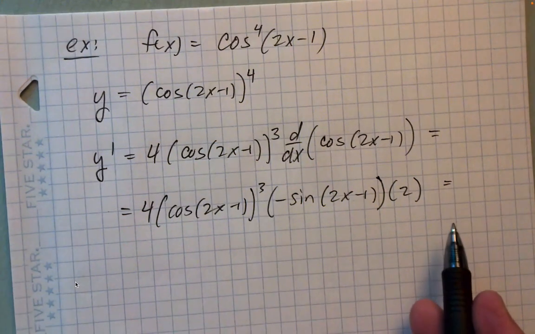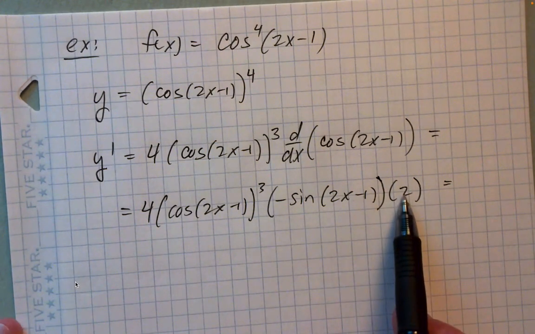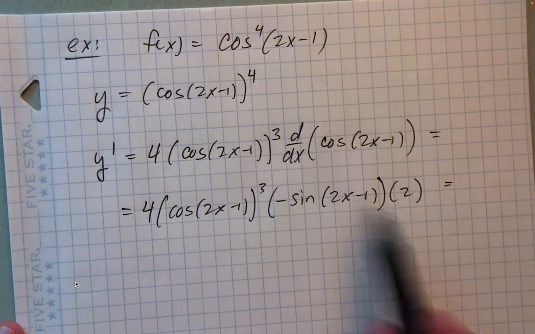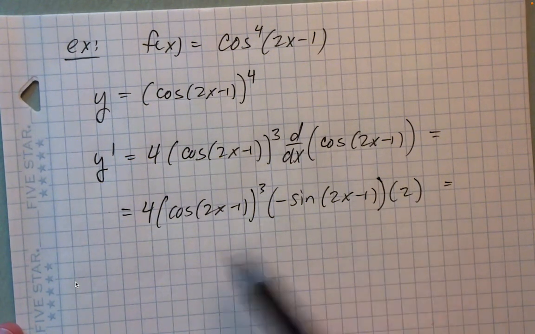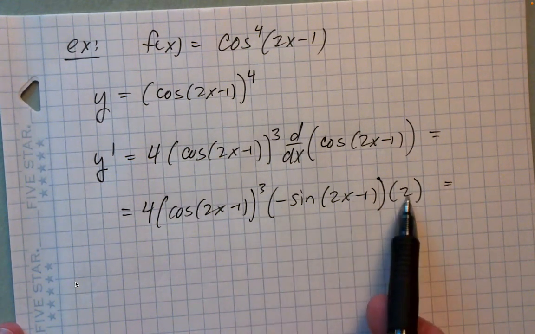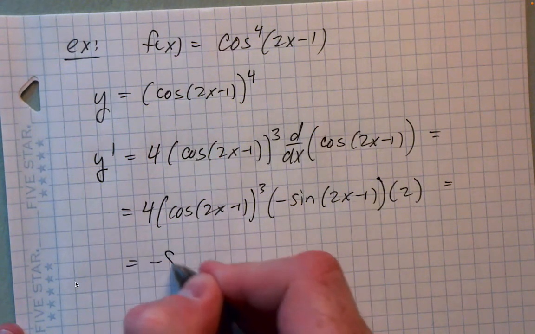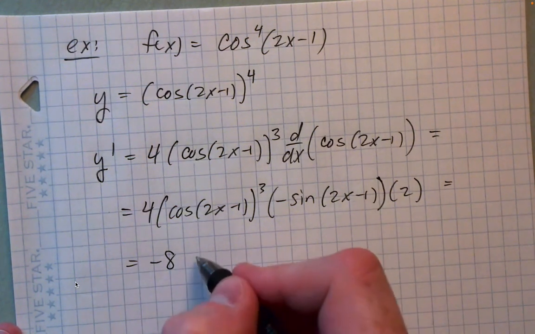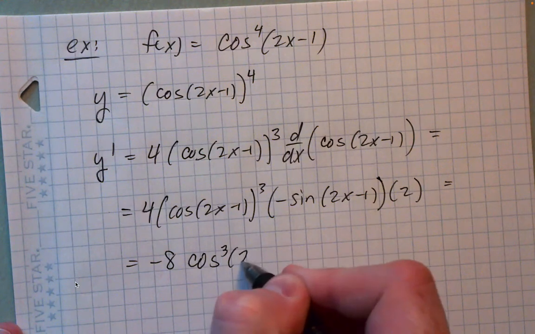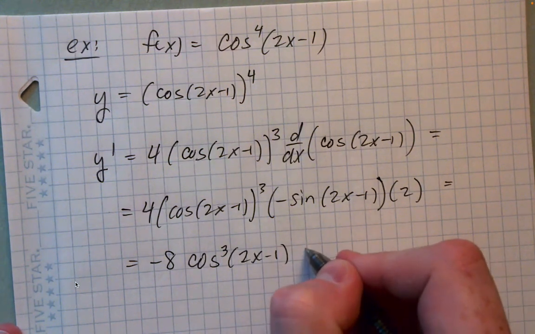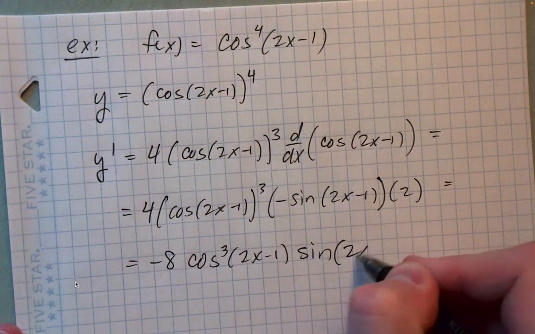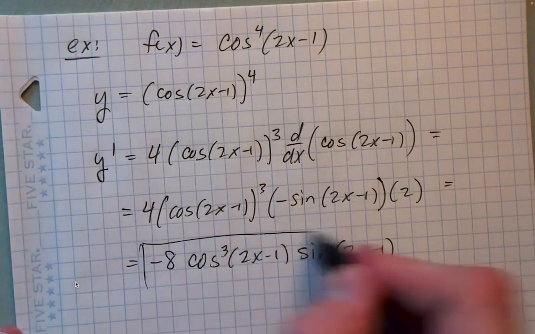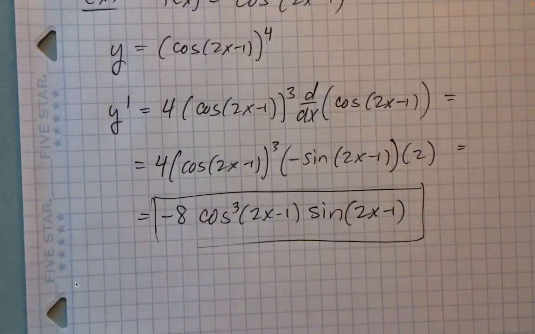This is very similar to the one we just did, just different trig functions, different polynomials, but ultimately the same structure. So you've got a negative, a 2, and a 4, so altogether out front you've got a negative 8, and then you've got cos cubed of 2x minus 1 times sine of 2x minus 1. Okay, so there's that derivative.